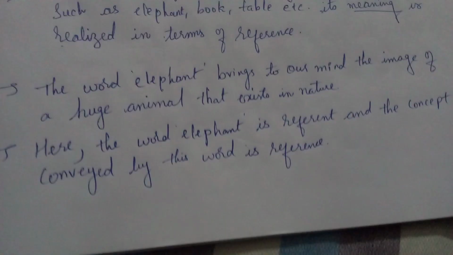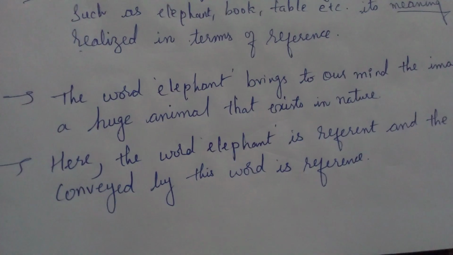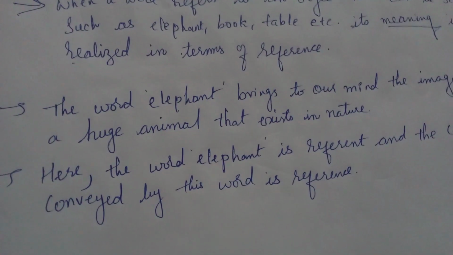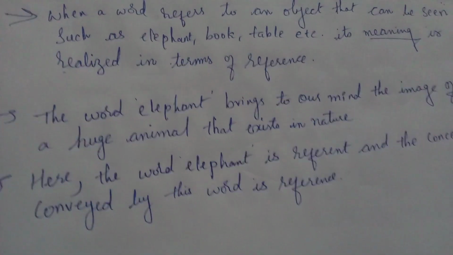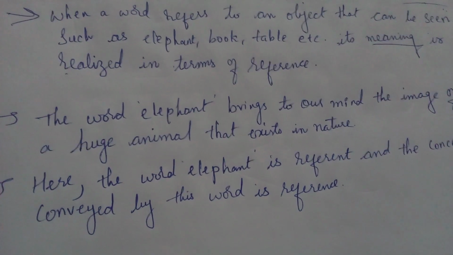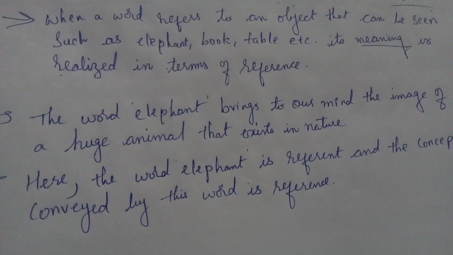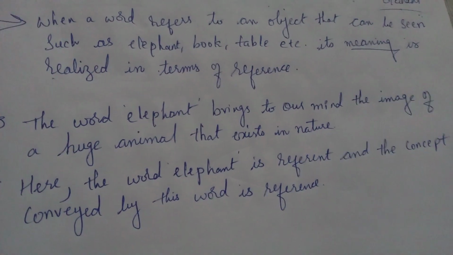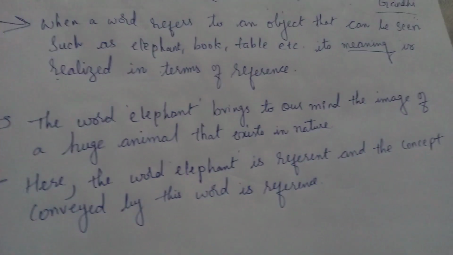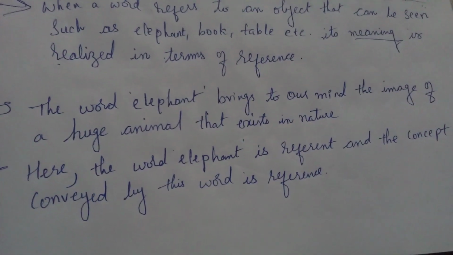Which means, if someone talks about an elephant, we will imagine in our mind that okay, we have seen the animal elephant. So they are talking about that huge animal elephant.